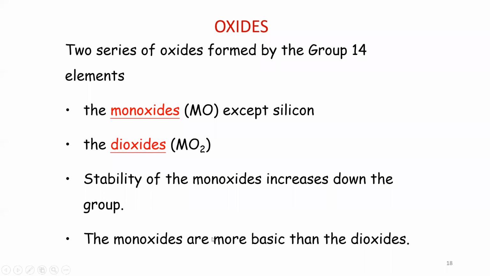When we say the monoxides, we did not say they are basic. We said they are more basic than the dioxides. Not that they are acidic, but your dioxides are more acidic. So if your dioxides are more acidic, then your monoxides will be more basic. Am I right?